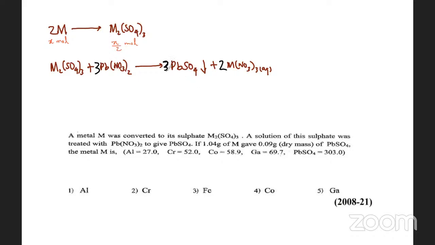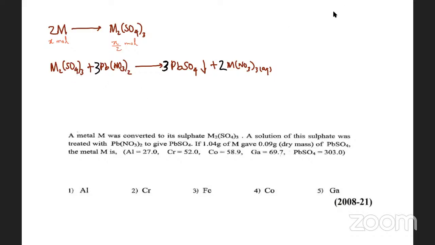This is how you balance it. This stoichiometry you have to carefully figure out. Even if you haven't written this as a product, you can still figure it out, because 3 sulfate means I have to put a 3 here definitely, and I can put a 3 for lead, and that is it. Okay, so this is the correctly balanced reaction.